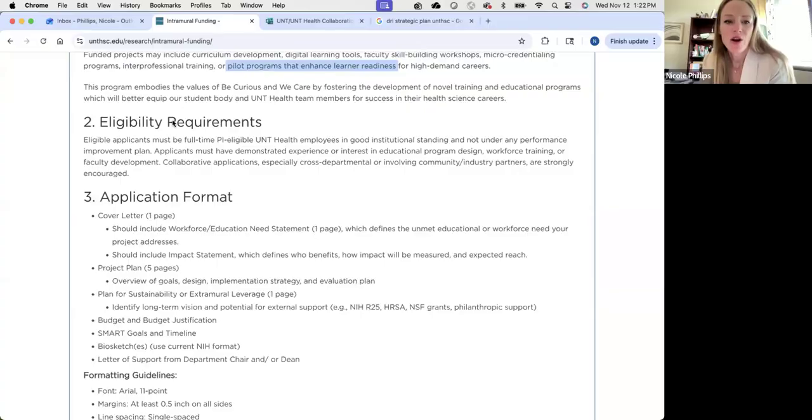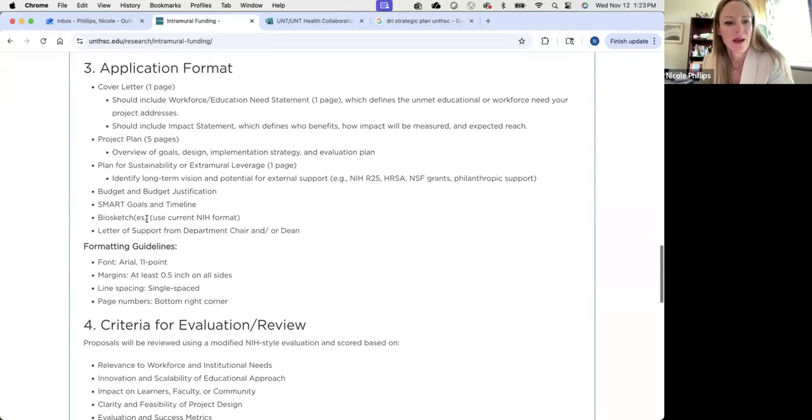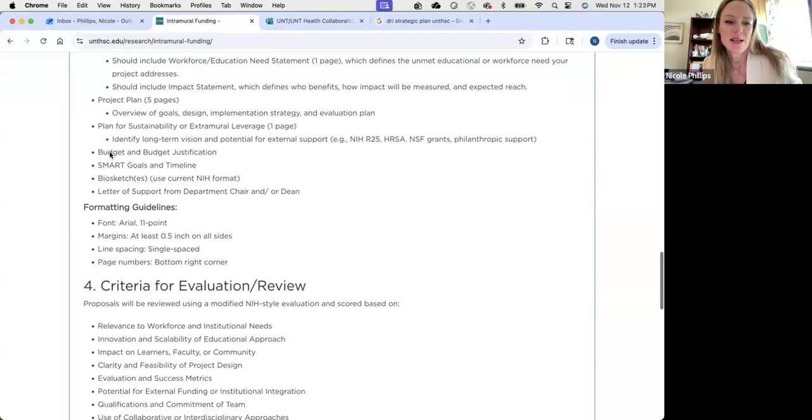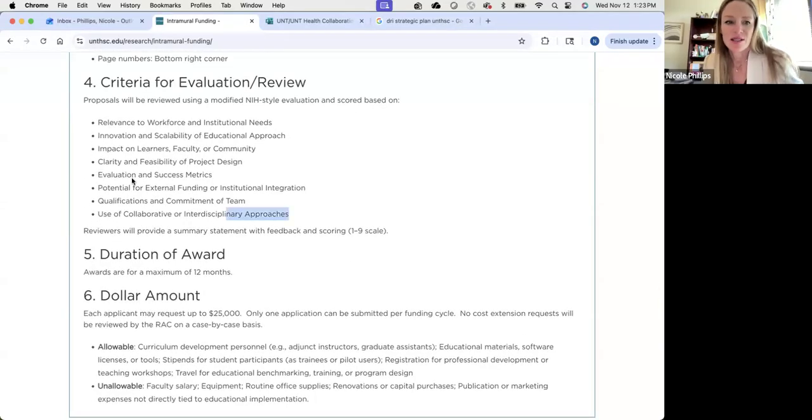So eligibility here, it's about the same. PI eligible staff or faculty can apply in good standing. Here's the application format itself. It's similar, but again, without quite the scientific kind of focus of a normal NIH proposal. So there's some slight differences here. And then the criteria for review also is slightly different.